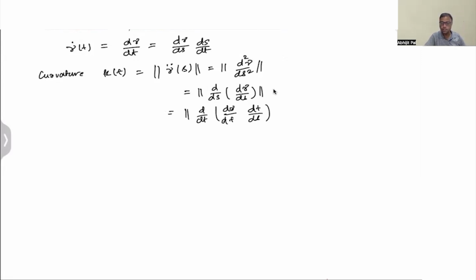Note that this s parameter is a function of t. In fact it is differentiable, and s inverse also exists and is differentiable.